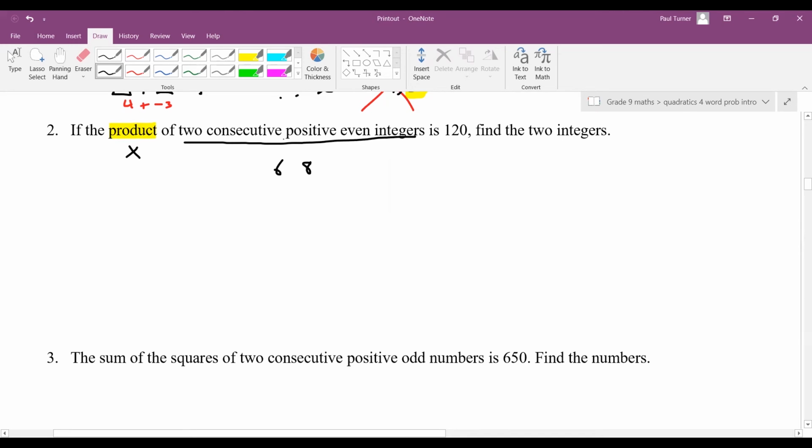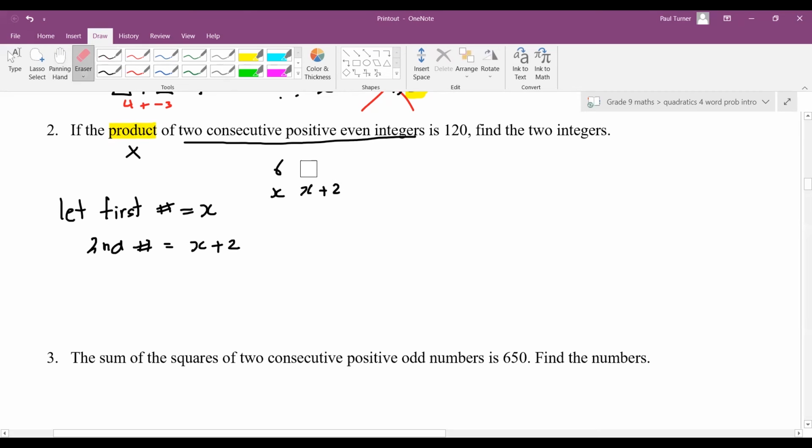These are your 2 even integers. So the first one will be x. So let the first number equal x. The second number must be x plus 2. That's your next even integer.